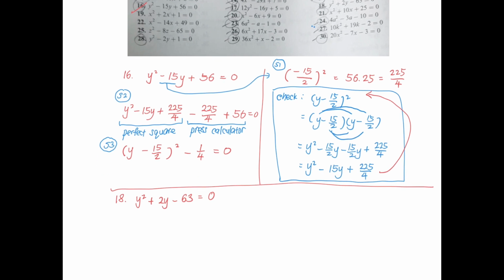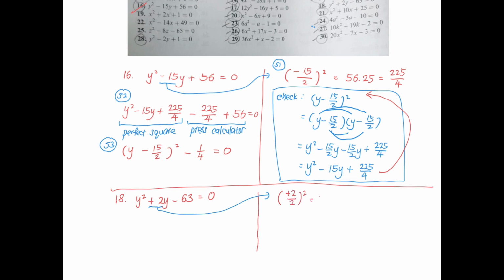So if you can look at here, we are actually repeating the same steps. So what to do is you take the second term, the power 1 term, you take the coefficient, which is positive 2. So you have to divide by 2. So it's positive 2, you divide by 2, then you square it.